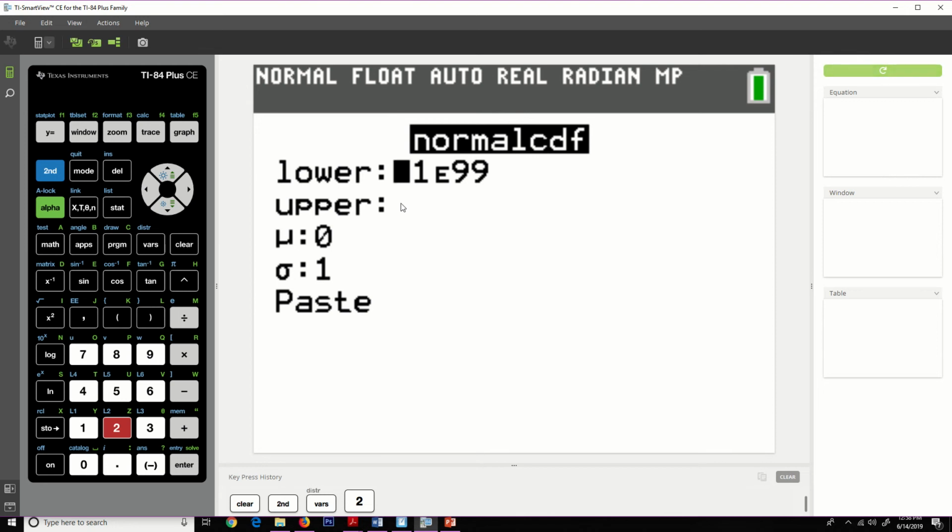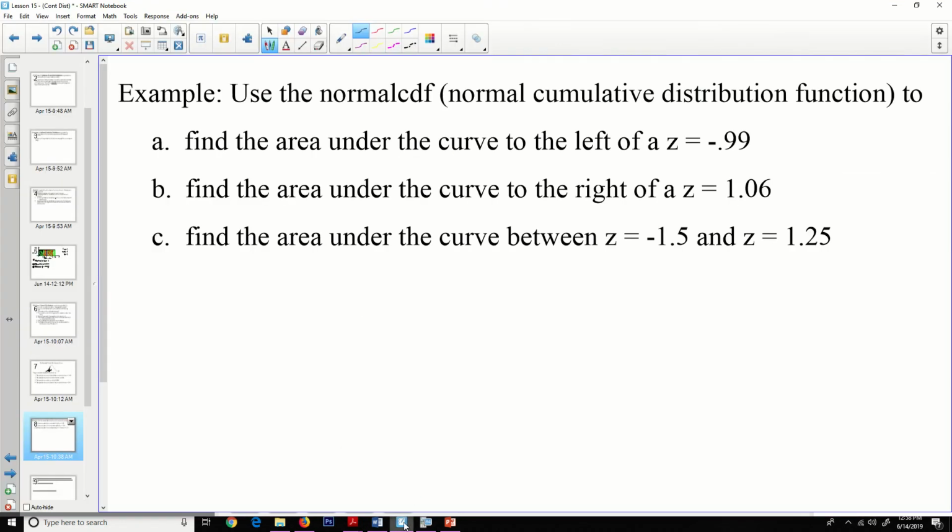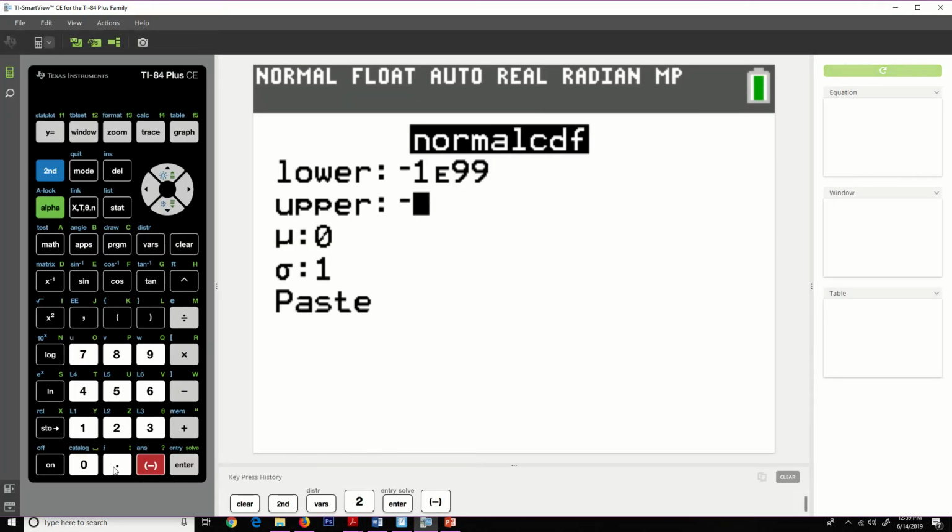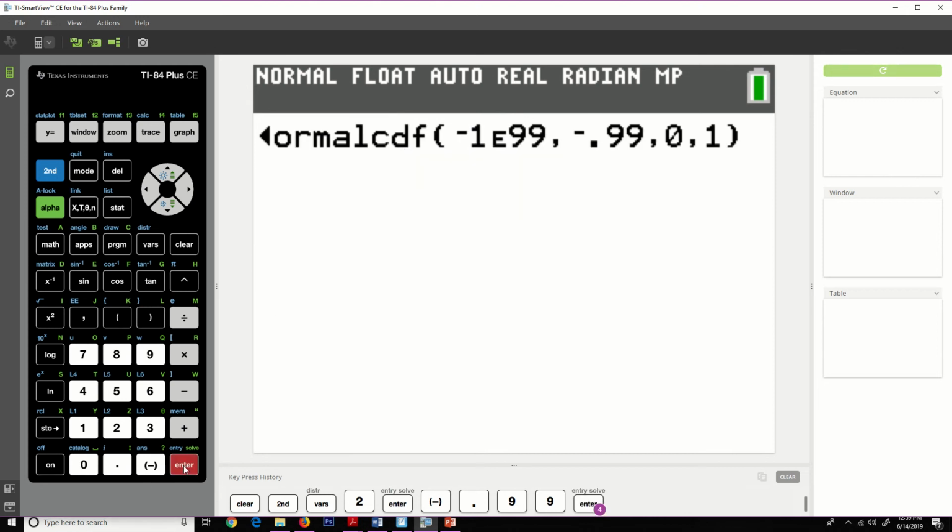But our upper bound is going to be -0.99. So we're just going to type that in, -0.99. Now, because this is a standard curve, we're going to leave the mean to be 0 and the standard deviation to be 1, and we'll pop through there and we'll hit enter and it fills it in for us.